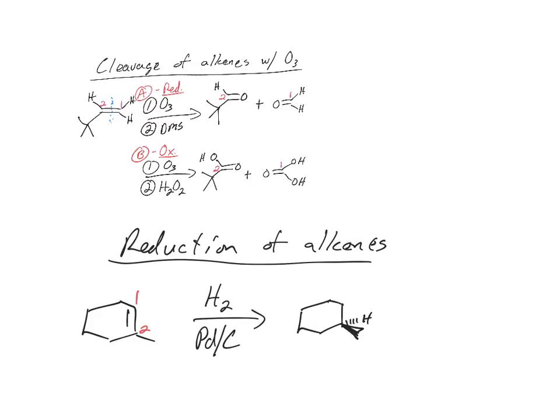You add the H's syn. In this case, the enantiomer. So the H's always add syn. It takes an alkene to an alkane. This is called reduction because we're adding hydrogen, whereas these are cleavage or oxidation. You're using O3. You're oxidizing things.